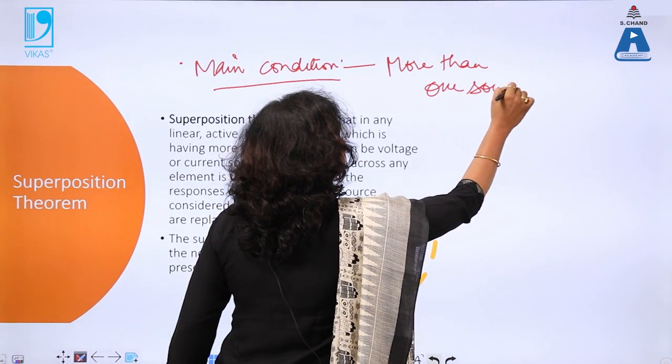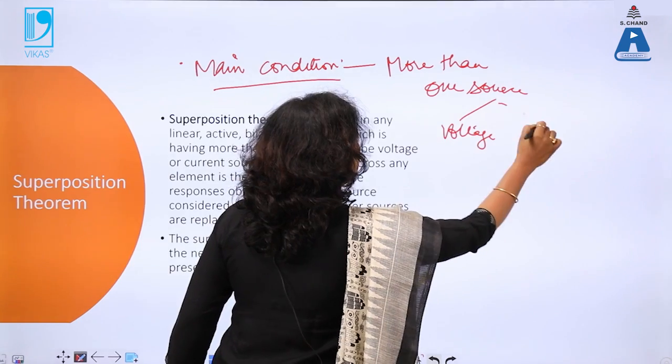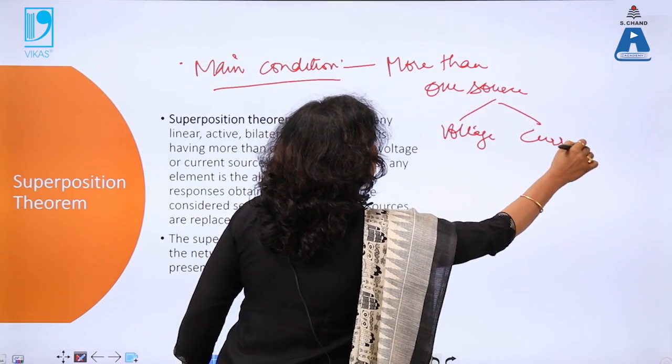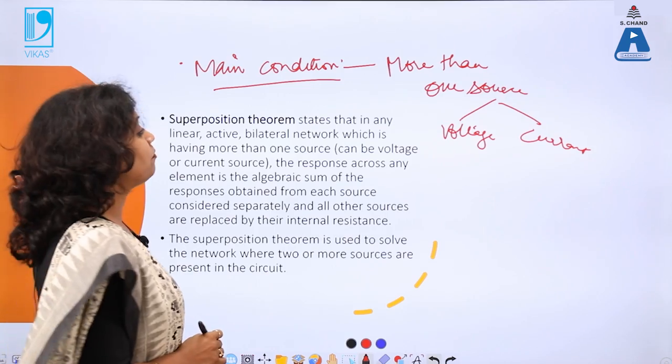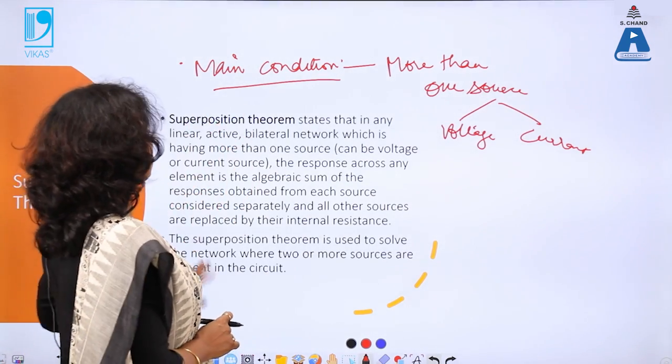That source can be voltage source or it can be current source. But there should be more than one source, then only we can use superposition theorem.